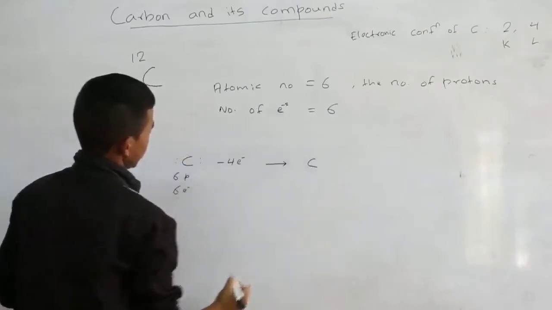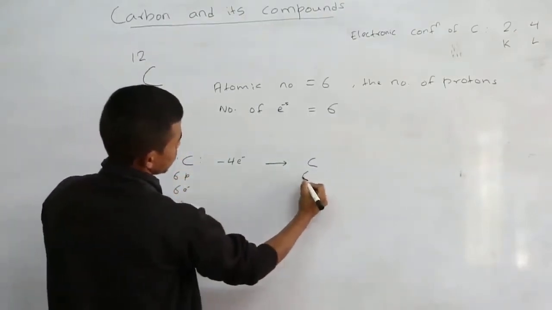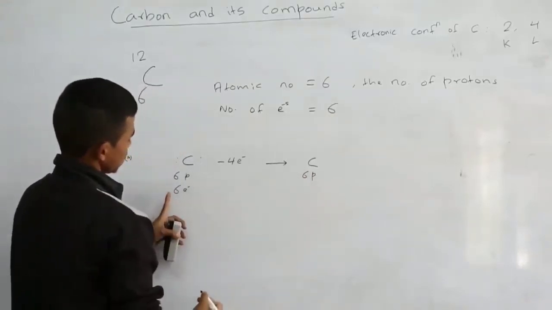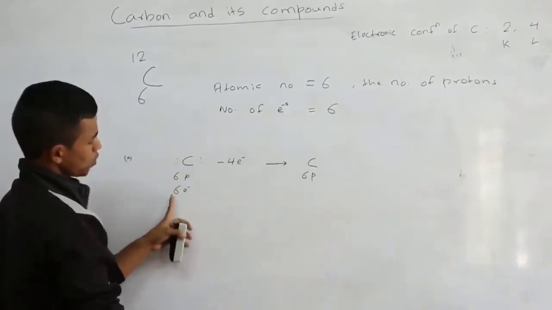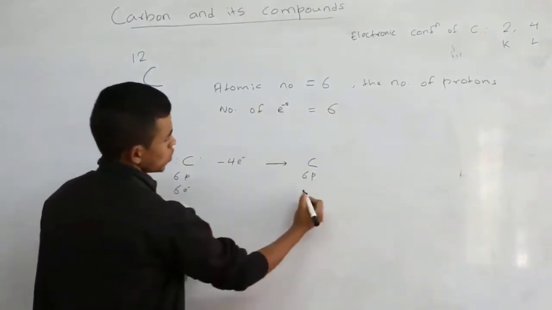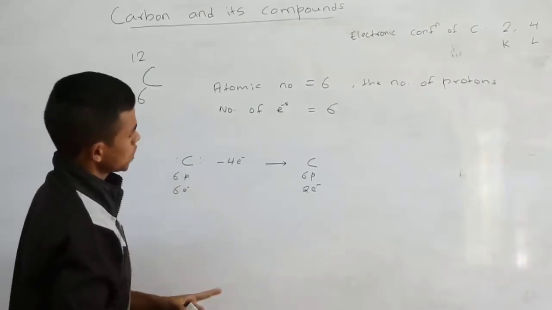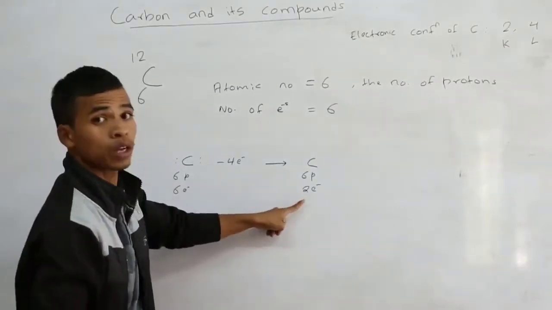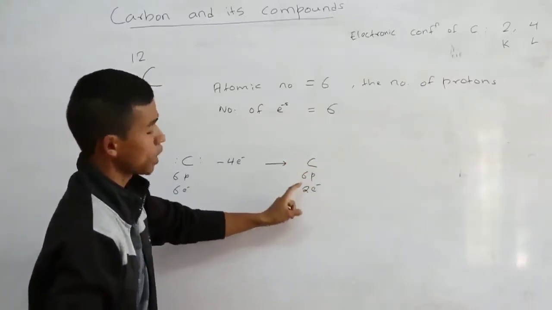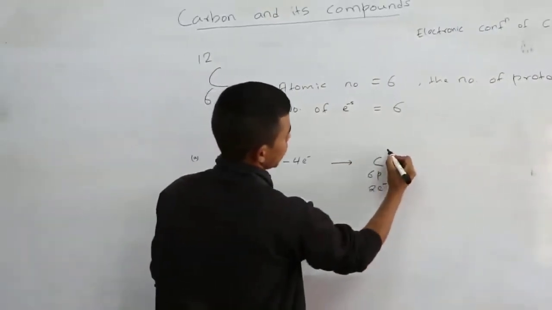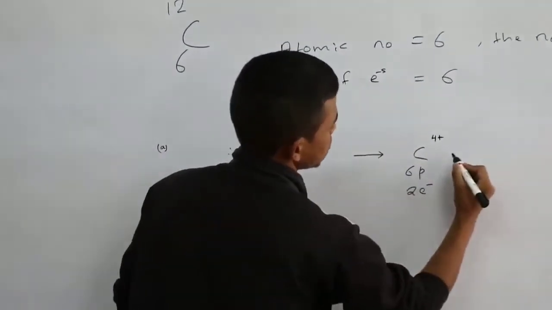It will lose all these 4 electrons. There will still be 6 protons, but because it loses 4 electrons, there will be only 2 electrons. So in this case, 6 protons and 2 electrons, the positive charge will dominate by 4. So this will become a cation, C 4 plus.